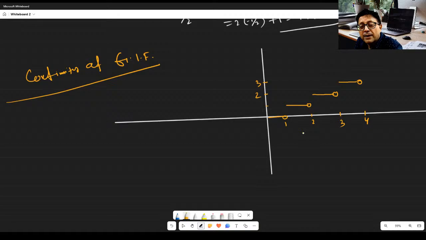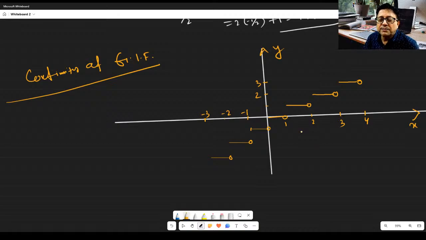Okay. And below it, if you draw, then it is like this. x greater than equal to minus 1, less than 0. This point is minus 1. I just remind you the graph of the function. This part is minus 3. Alright. This is your x-axis and this is y-axis.